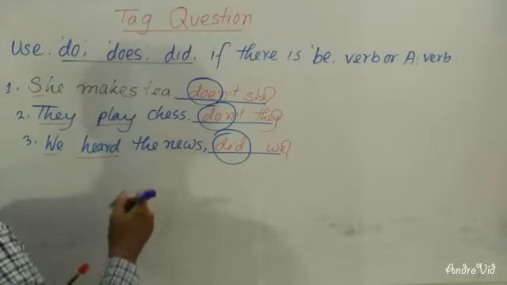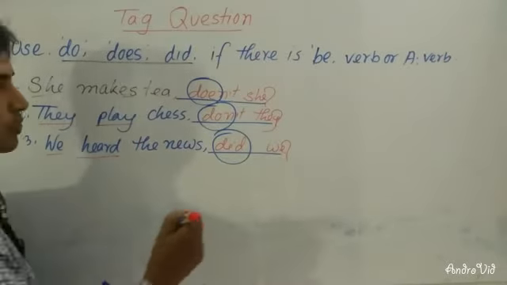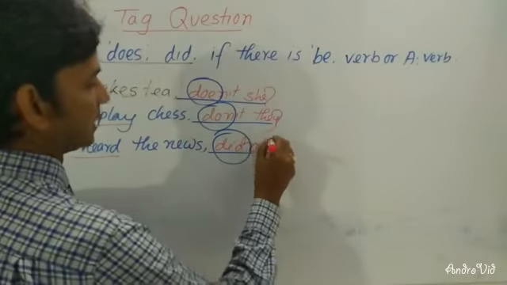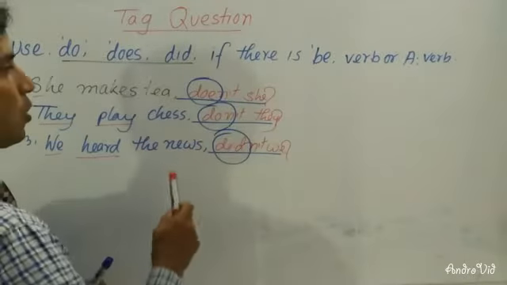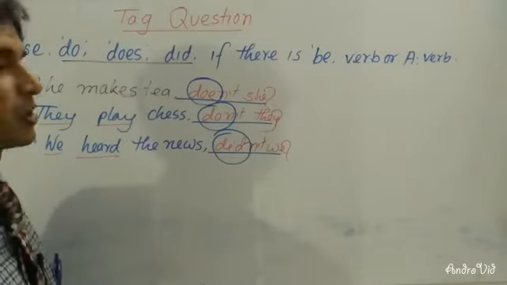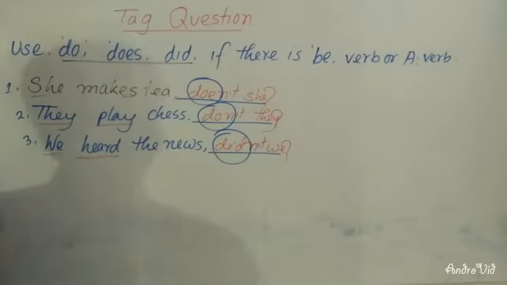And as there is no negative word, you will have to write "not" in short forms. Dear learners, always bear in mind that if you don't have any negative word, you will have to use "not" in the question tag, and if there is a negative word, you can omit this. I'm going to give you more examples to make it clear to you.